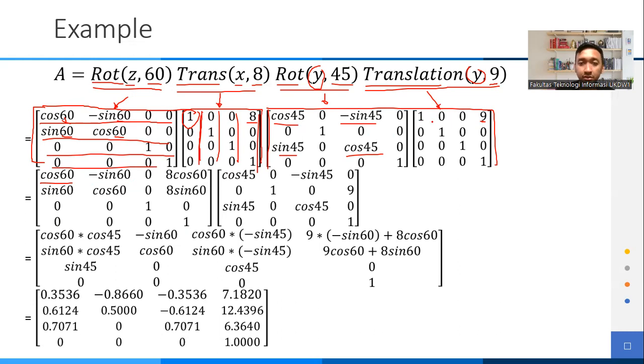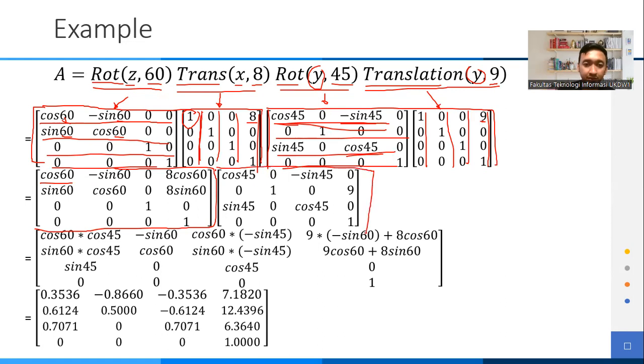So if we want to multiply, the first row is multiplied by the first column, the second row by the second column, the third row by the third column, and the fourth row by the fourth column. And we get the result here. This is for the first process, the first matrix, and the second matrix.